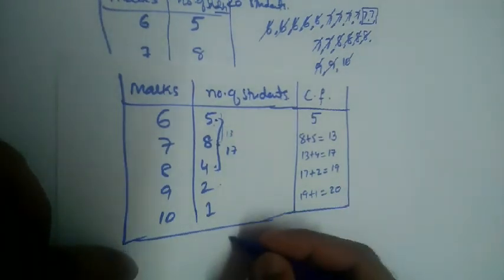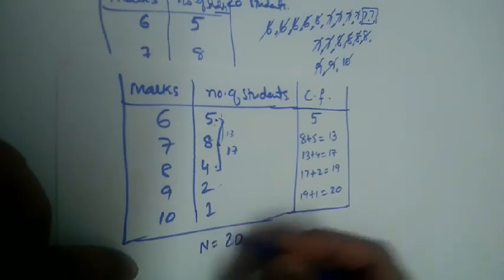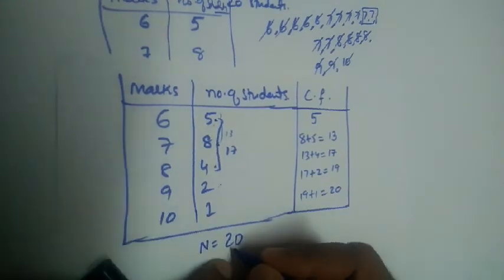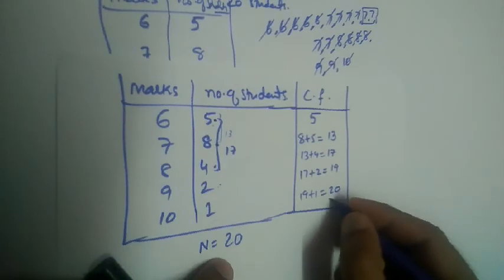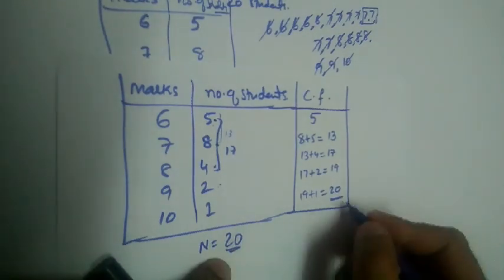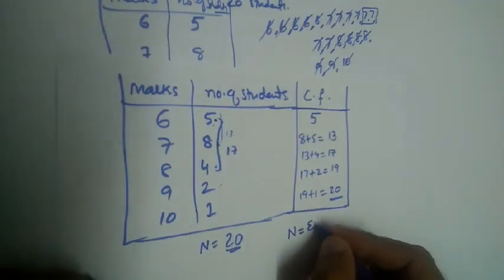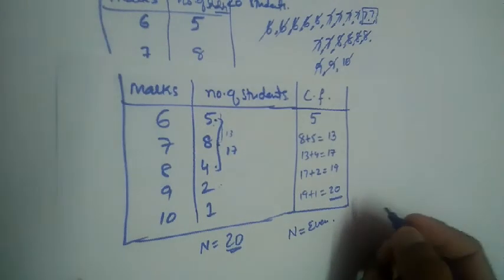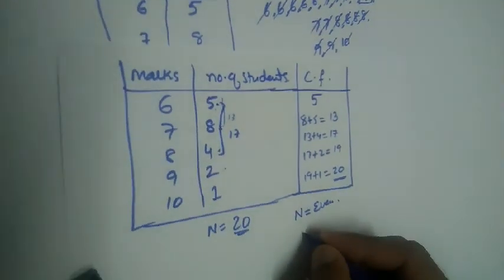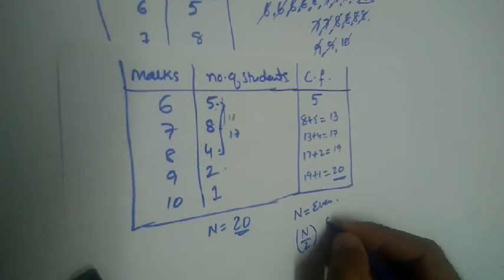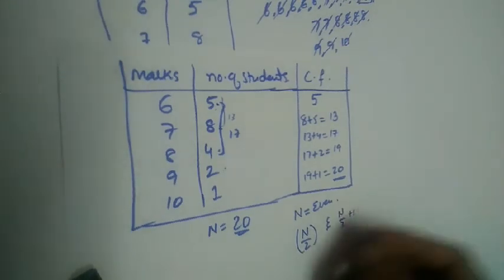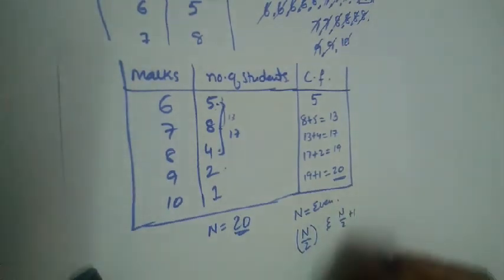Now, what is the value of n? 20. The number of students will be equal to this last number. 20 students. Now n is even. So what did we learn? If n is even, we should find the average of the n by 2 term and the n by 2 plus 1 term.